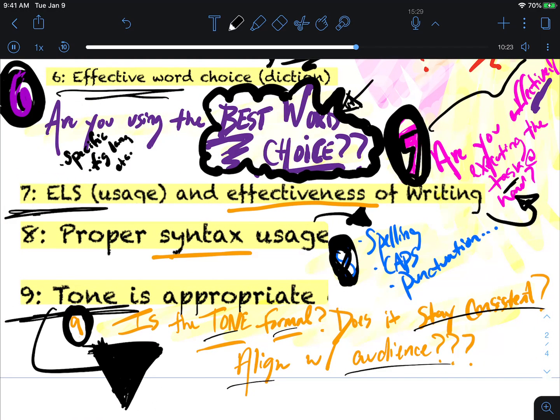Okay, now we are on proper syntax usage. All right. So this word syntax, it's kind of a big word, even though it's just 2 syllables. Syntax errors cover a very wide umbrella of errors in our writing.